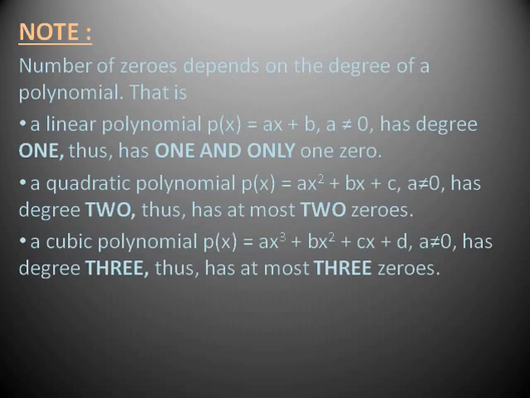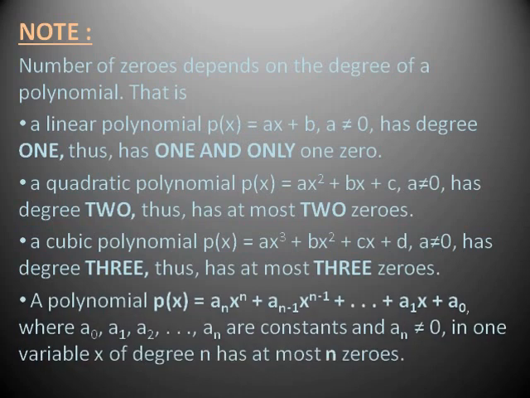So, from these 3 observations, we can say about a polynomial p(x) in its general form, which we discussed in the previous video. Please do watch the previous video if you are still having some problem. A polynomial p(x) equals a_n x to the power n plus a_(n-1) x to the power n minus 1 plus ... plus a_1 x plus a_0.